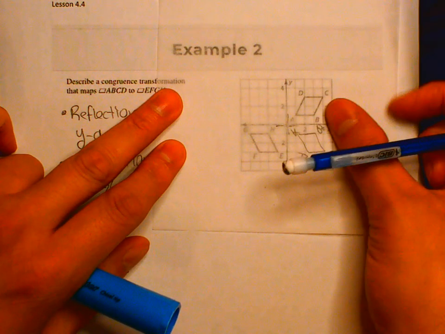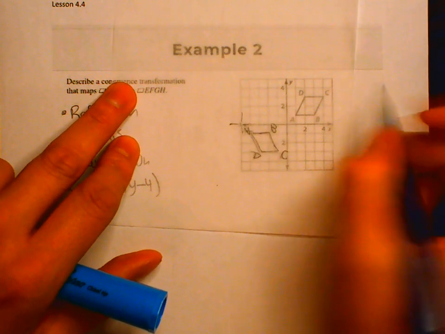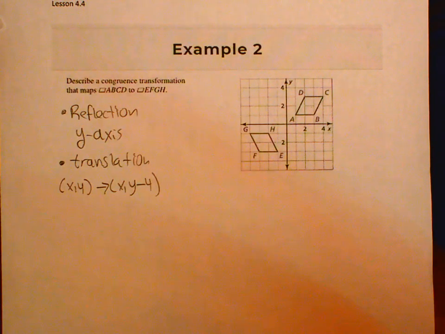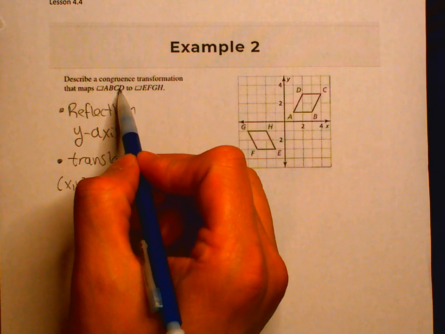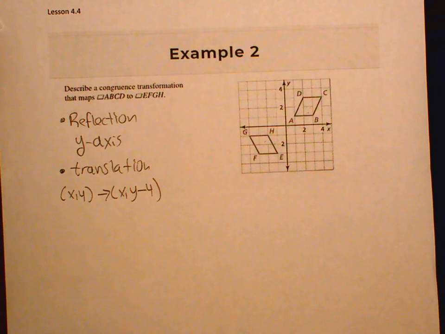Okay, now look, that would also probably work, but in this case, they don't really match because the letters are not matching what they're supposed to. Okay, so that is example number 2. So we described the congruence transformation that maps this onto this. Now for our last one.